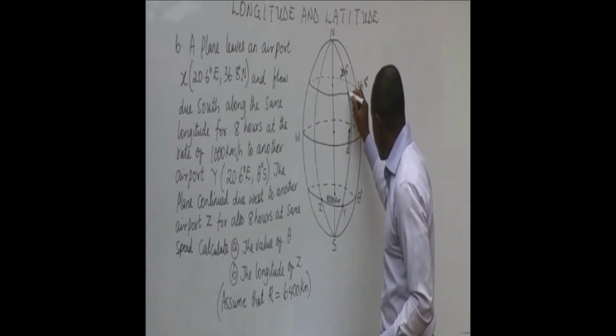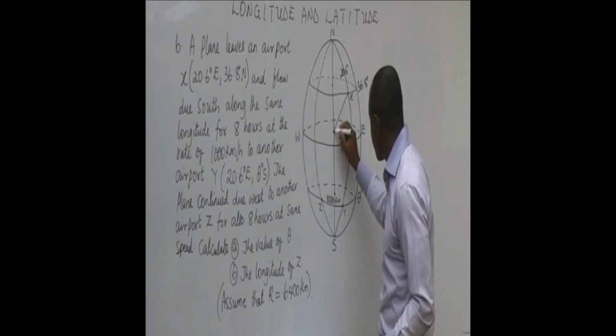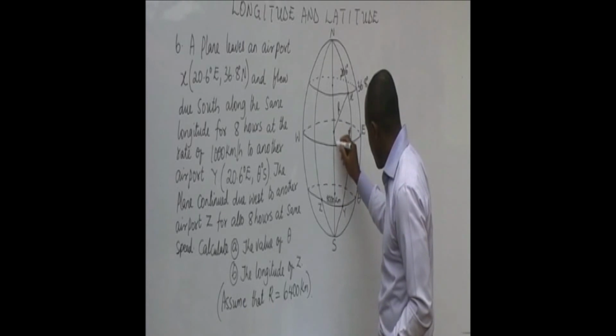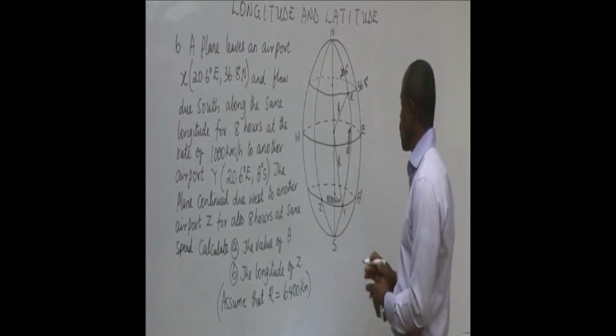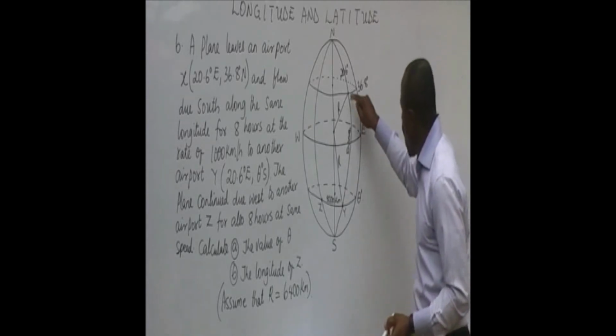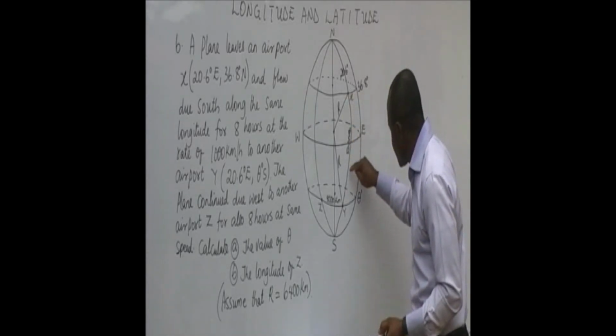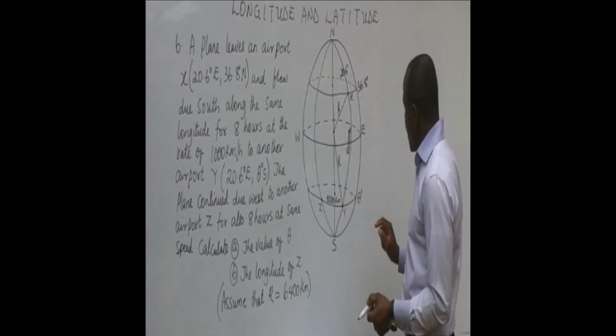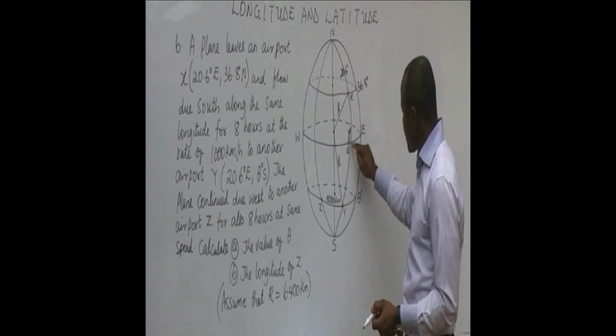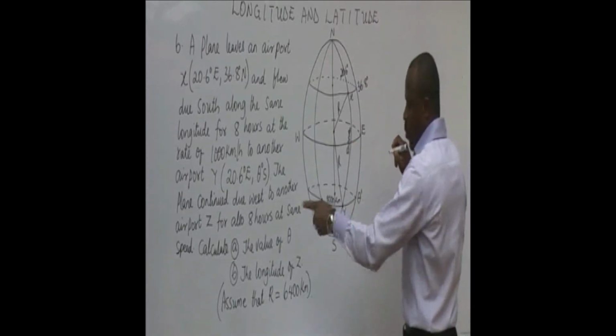So from here, you have this radius, which is big R. From here, you also have this radius, which is also big R. Now, we know the length of this arc, which is 8,000 kilometers.